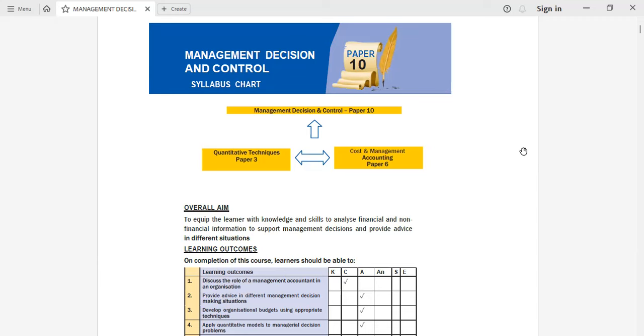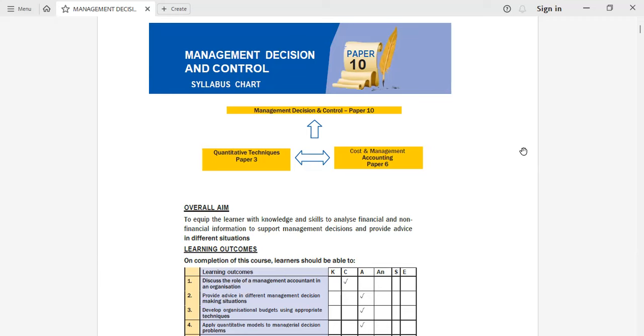So I would advise that you get past papers from 2008 to date, because by the time you go through the questions that were examined in those previous sittings, you will have an understanding of some of these basics and of how these topics are examined. So I would recommend from 2008 to date.